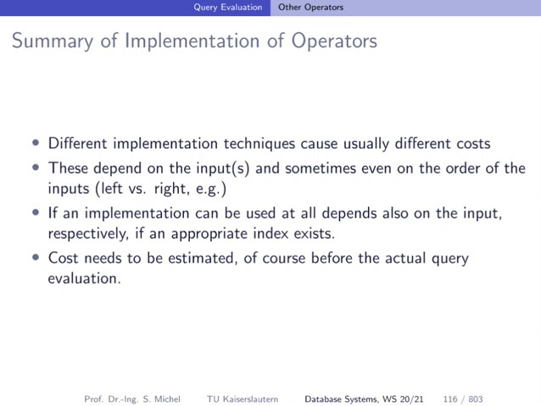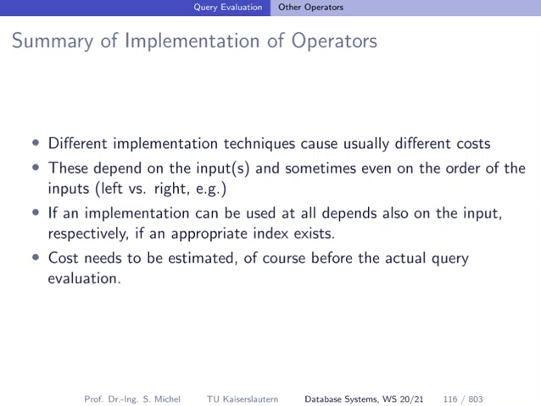Yeah, that's the end of the section on implementation of operators. So we have seen that for most of the operators, we can think of multiple implementations, using an index, not using an index, using hash join, nested loop join, merge join, and so on. And depending on the implementation, and of course the data and the predicates, these different implementations come with different costs, right?